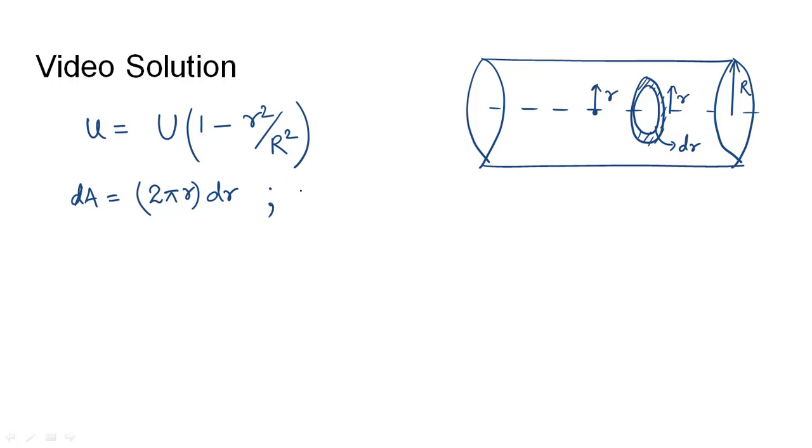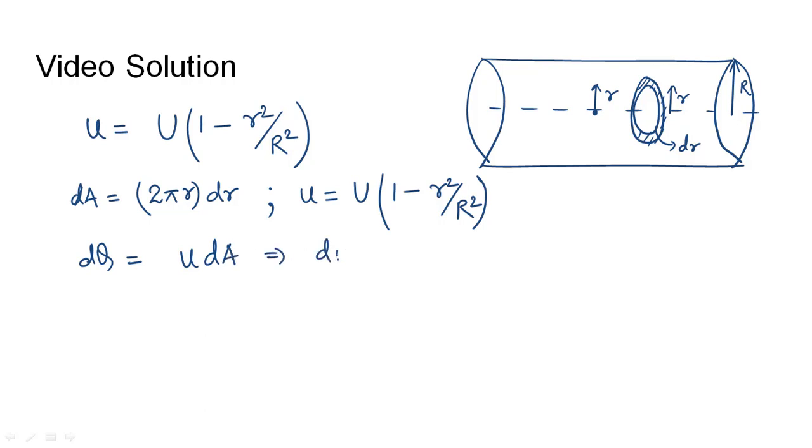The velocity at the element's location will be U into 1 minus r square by R square. So the discharge will be u times dA.